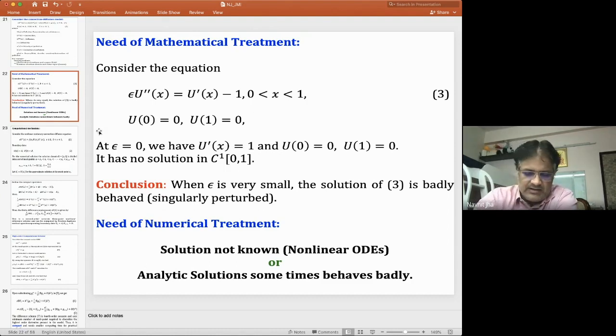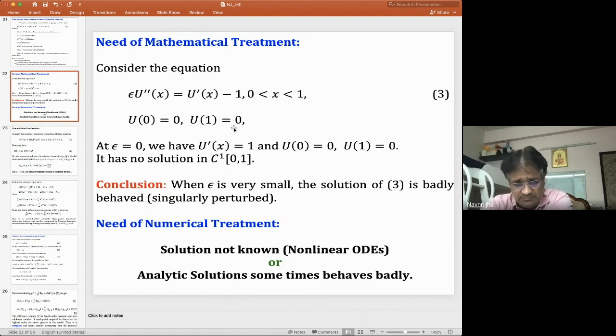Just a simple example. Suppose epsilon u double prime is equal to u prime minus 1. This is a very simple second order linear differential equation. x is given in the domain 0 to 1, and u at 0 and u at 1 are specified as 0.